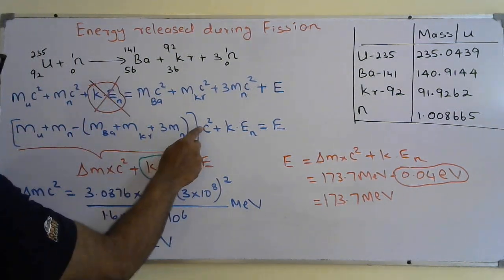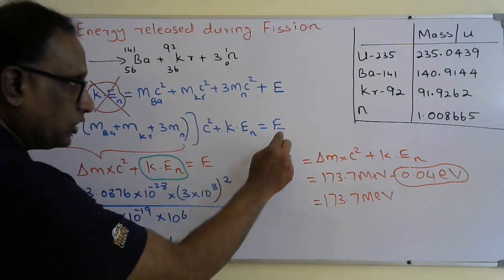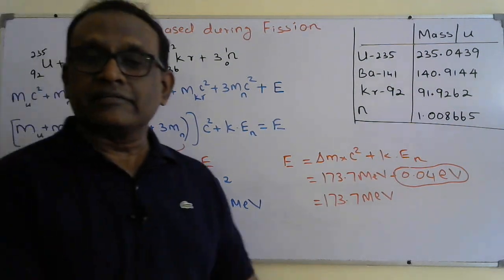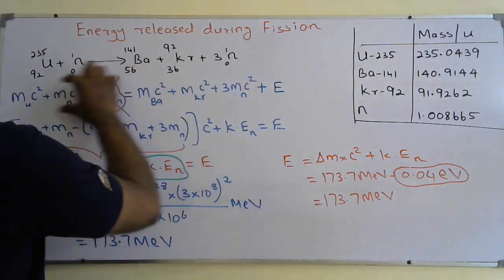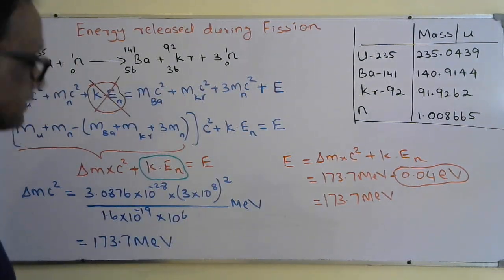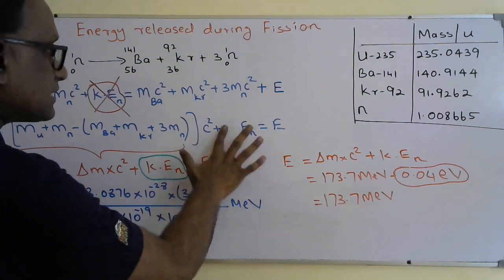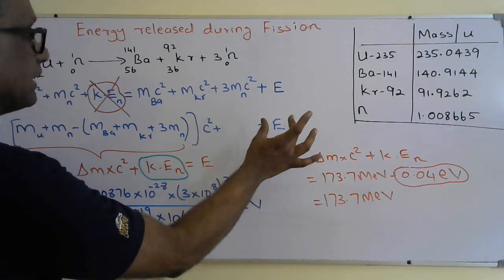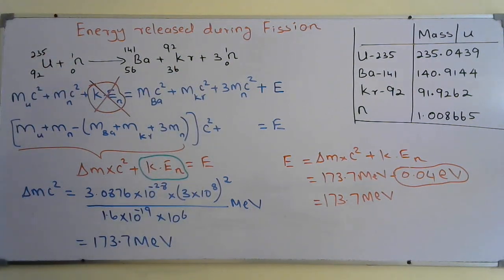Then only we'll get the total energy released during fission reaction. To show that, I wrote this format. But exam wise, you can start directly from mass deficit. I already showed it: the energy release is equal to mass deficit into c squared.